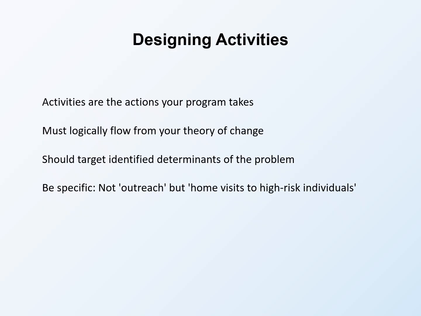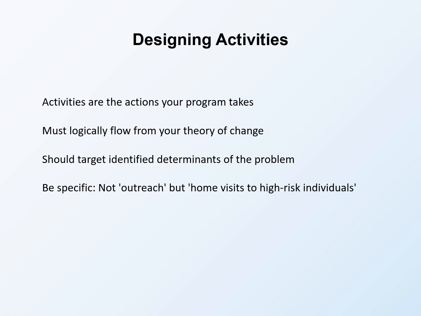Activities are what your program actually does. They consume inputs and produce outputs. Activities must flow logically from your theory of change. If your theory says that knowledge, skills, and social support will change behavior, then your activities should build knowledge, develop skills, and create social support. Activities should target the determinants you identified in your problem analysis. If lack of self-efficacy is a barrier, you need efficacy-building activities.